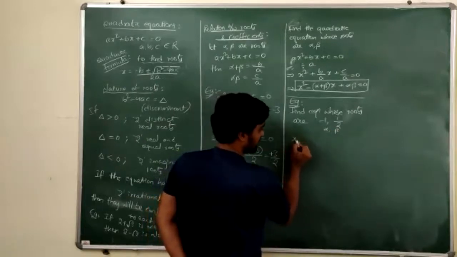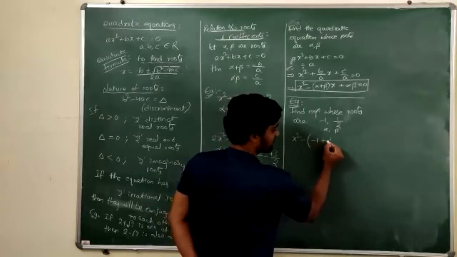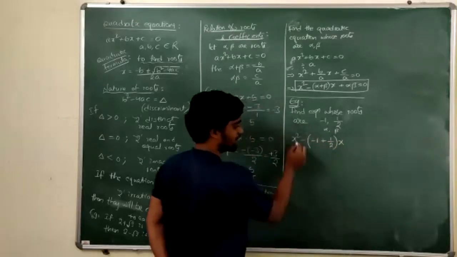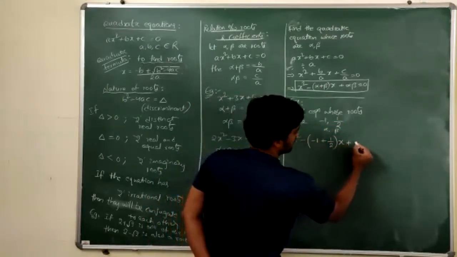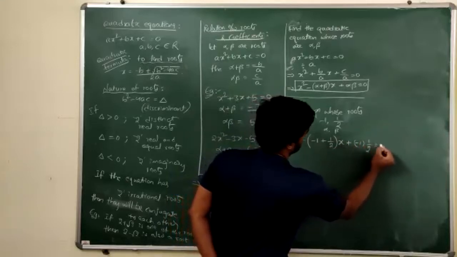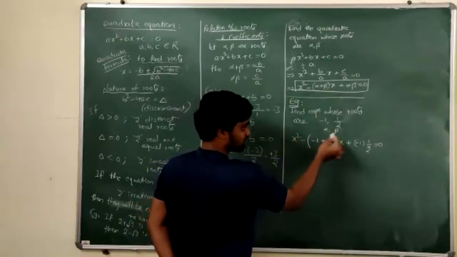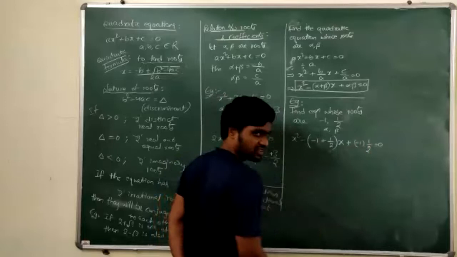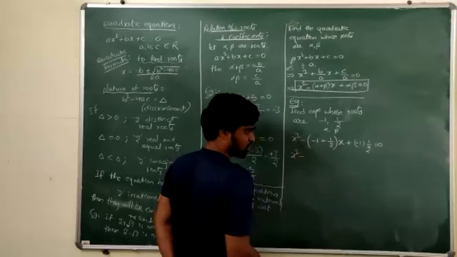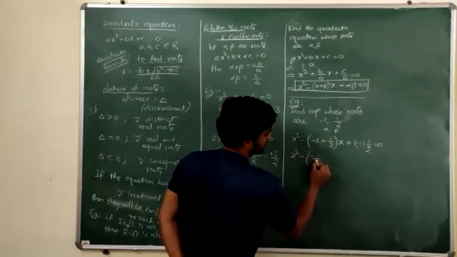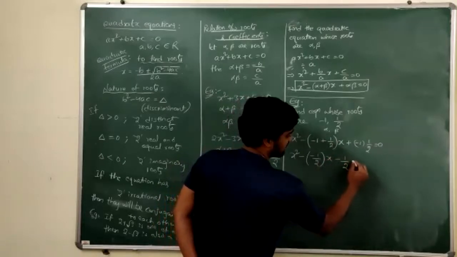Now the equation will be x square minus of alpha plus beta of x plus alpha into beta is equal to 0. So x square minus of minus 1 plus half, which is minus half, into x plus minus half is equal to 0.